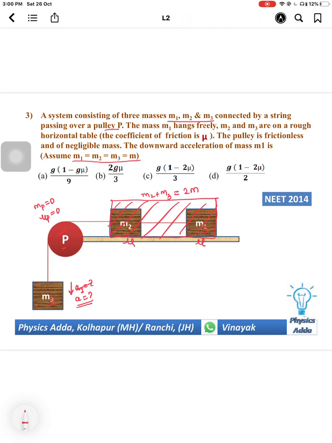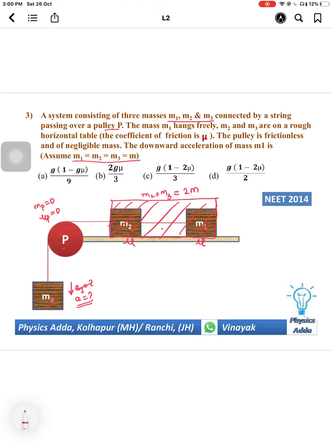Both are having same masses. What is the force acting on this block? We need to find out. Okay, so if I'm considering equilibrium over here, what are the forces acting on this system M2 plus M3?